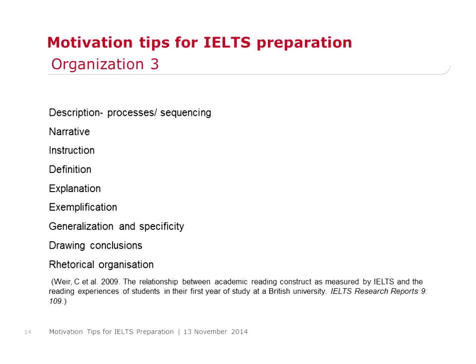Now, if you look at these, you can see that these are very common elements: processes and sequencing, definition, explanation, exemplification, and generalization and specificity. If you get students to recognize things like cause and effect and exemplification, you can get them to think, where do these elements occur in paragraphs?